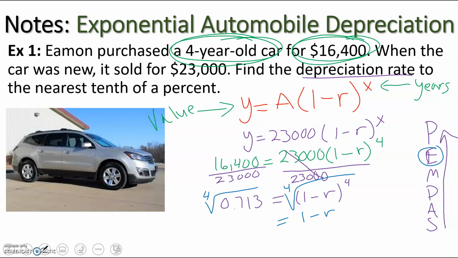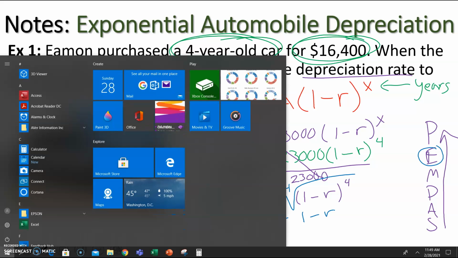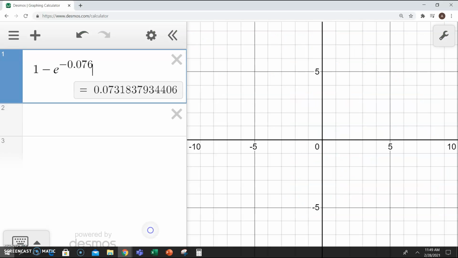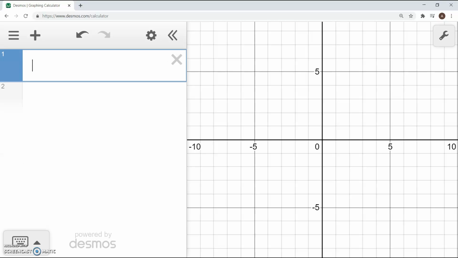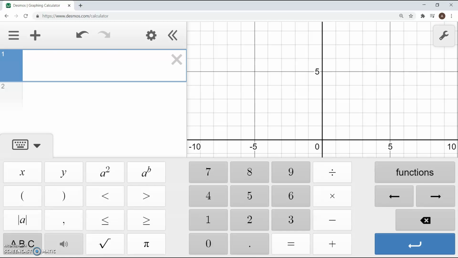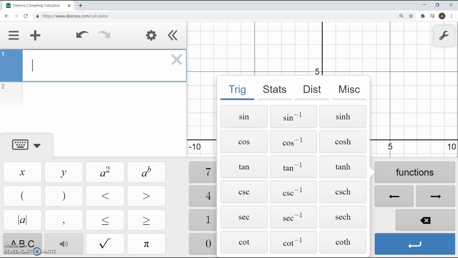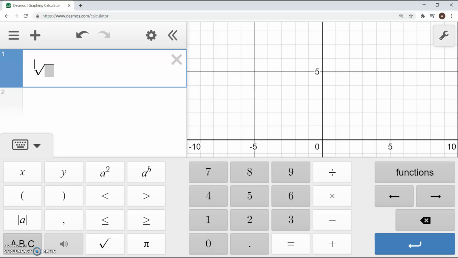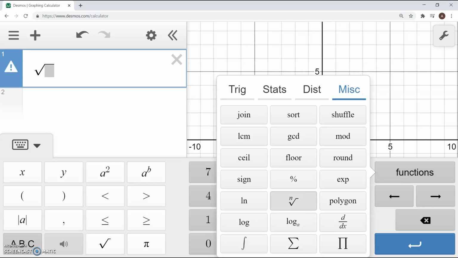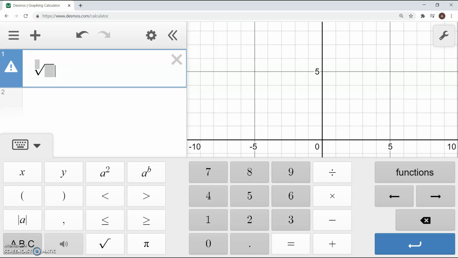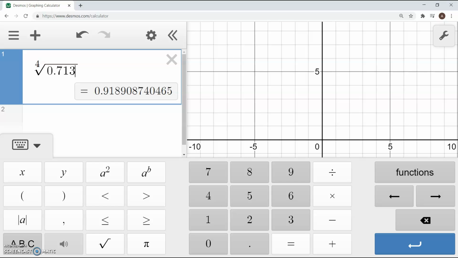On the left-hand side, we're going to use our Desmos calculator again. I'm not sure if Desmos has the ability to do fourth roots directly, but it probably does. Yes. If we go into functions here, you'll see this root button, and we type in a 4. And we have the fourth root of 0.713.